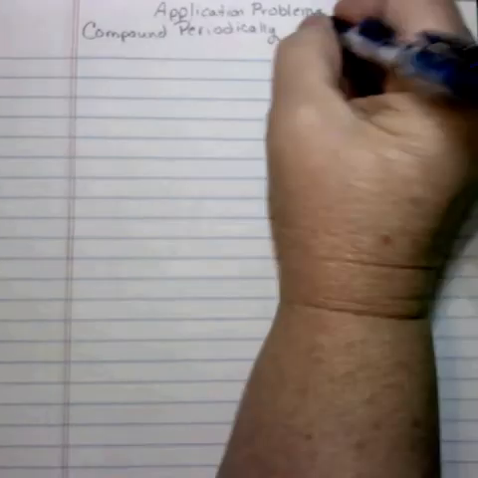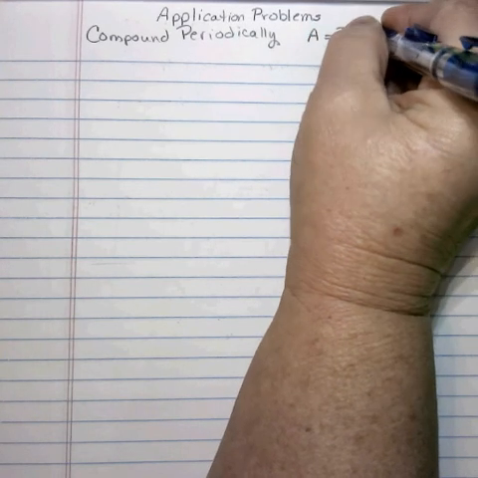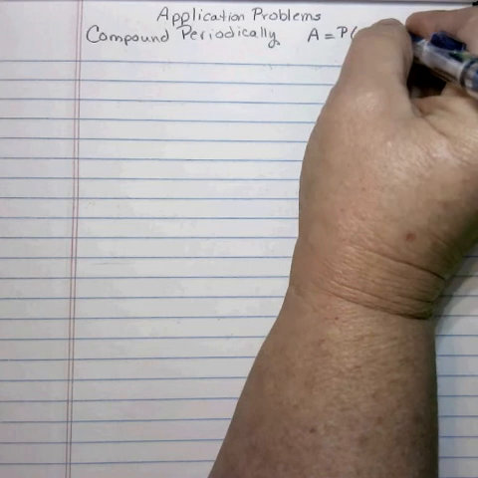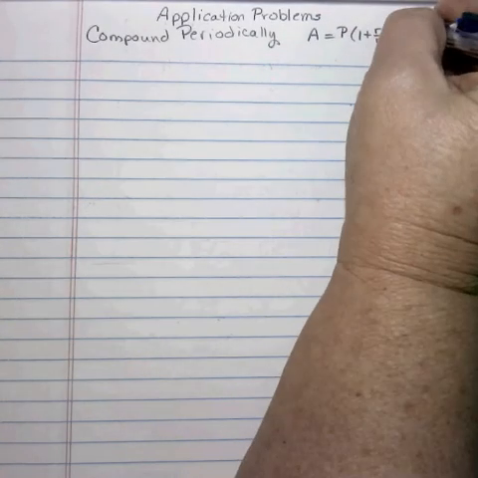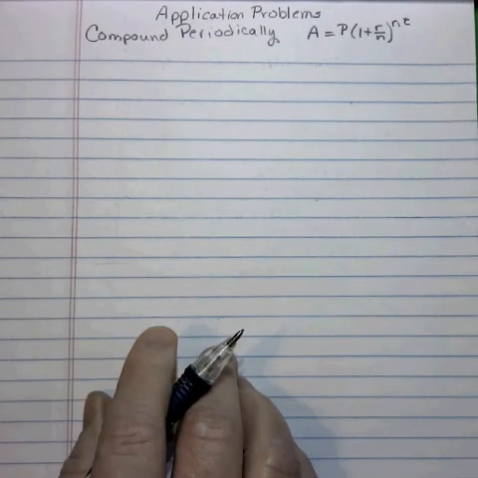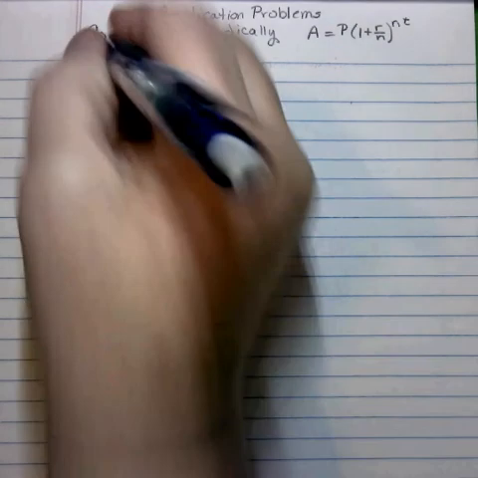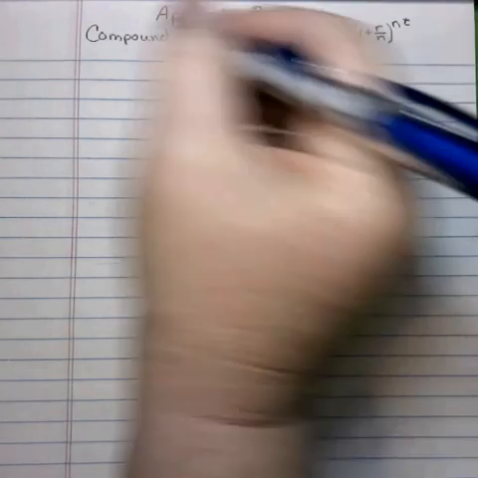The formula that we're going to look at is A equals P times (1 plus R over N) to the N times T power. When we look at this particular formula, let's look at what each of these letters represent.